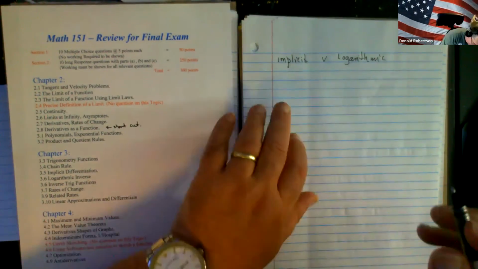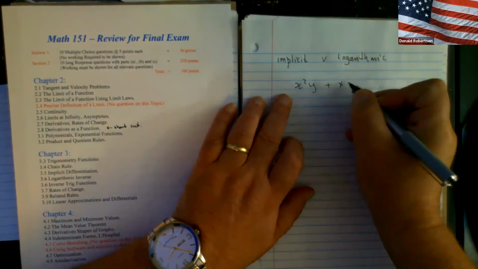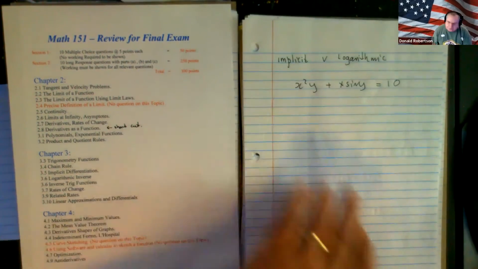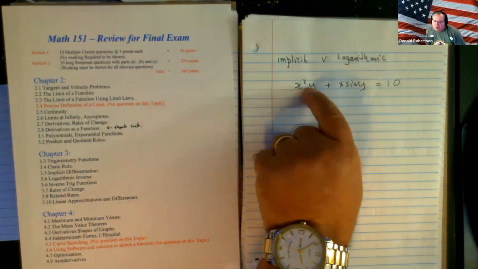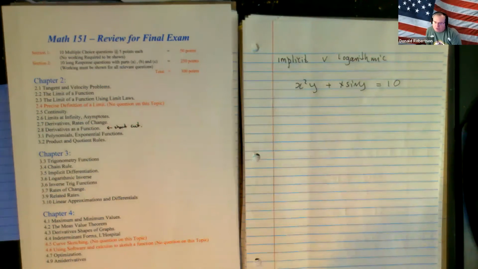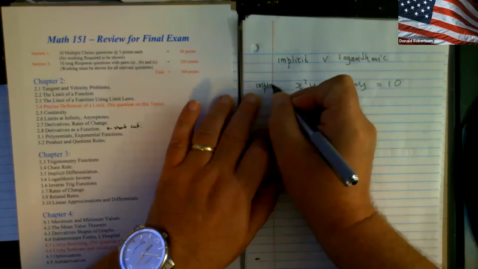Well, an implicit one would be one that would look like this kind of thing. It would be an expression where x's and y's are jumbled up. That is what an implicit would look like. And you're going to find the derivative.